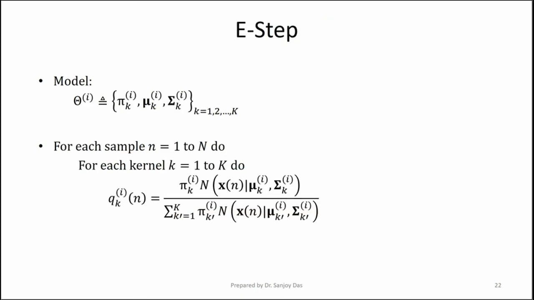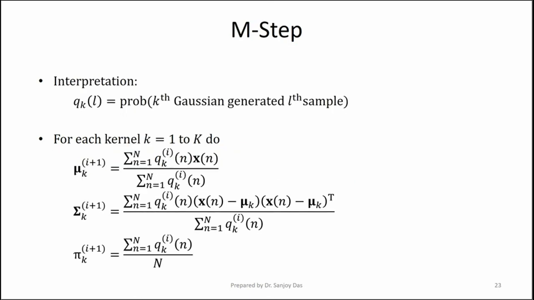This is our model, and I've written down the E step in a slightly different way, explicitly using for loops. So for each sample, and then for each kernel, that is for each Gaussian, we compute the Q, which is the conditional probability distribution of the hidden variables using this expression, and then we proceed with the M step, and so we update the mu k's, sigma k's, and pi k's in the M step.